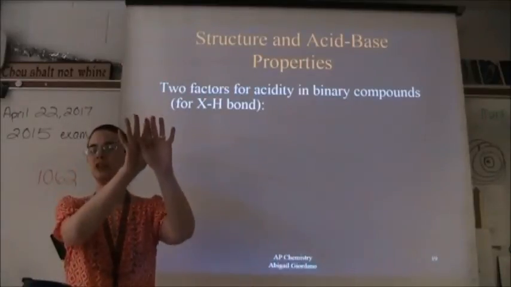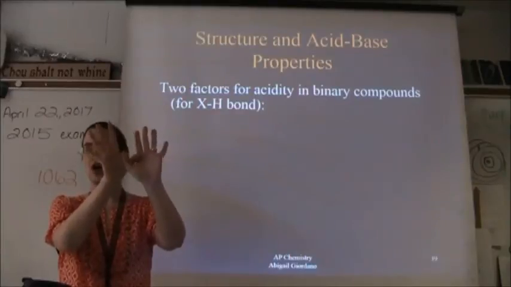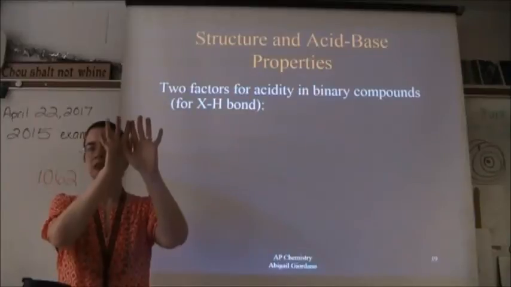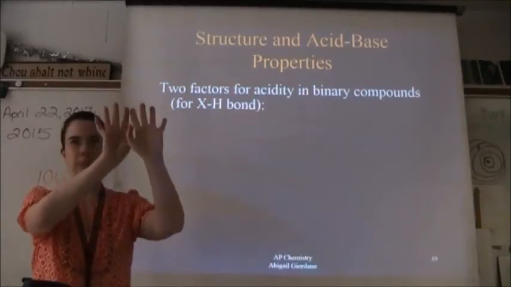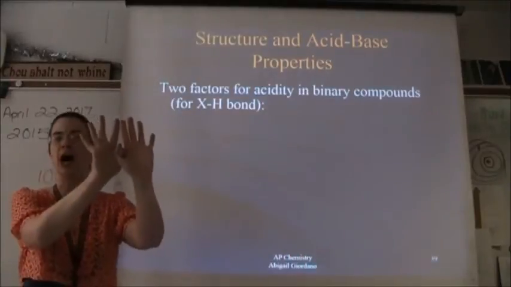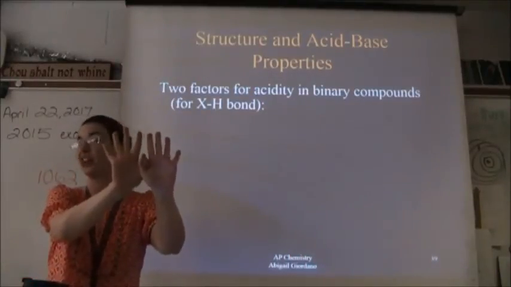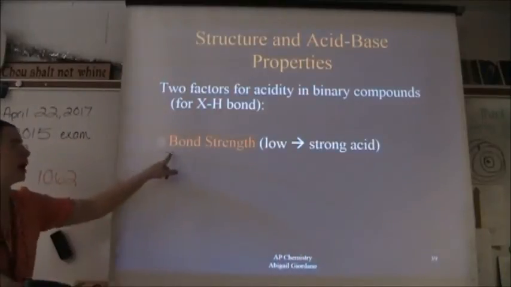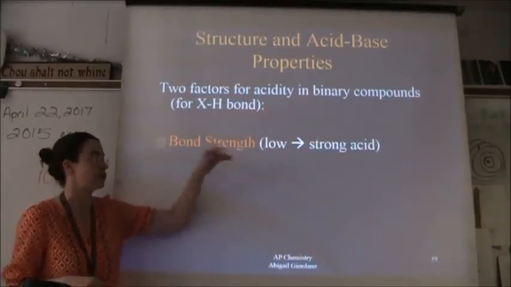What do you think? Do you think that means these 2 particles are held together very tightly or loosely? You're right. Strong acids, complete dissociation, the bond between hydrogen and that other element is not that strong. Easily pulled apart. So bond strength is one of the 2 factors.